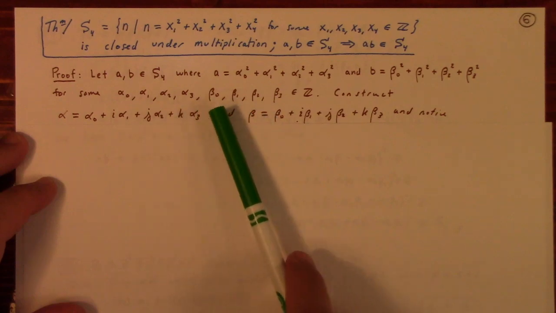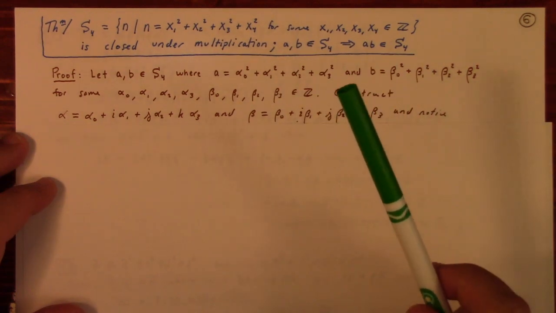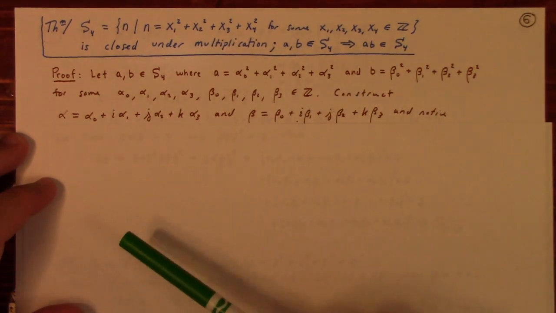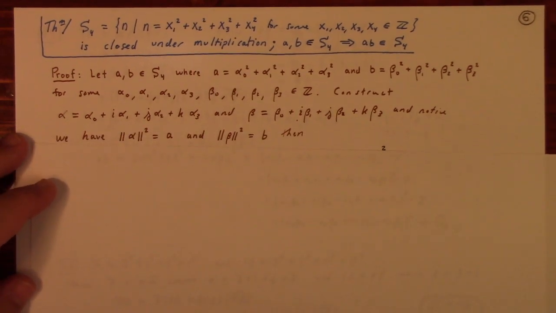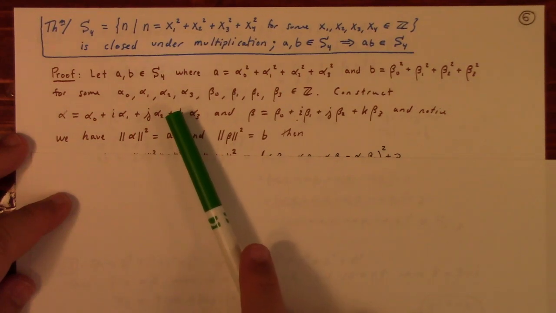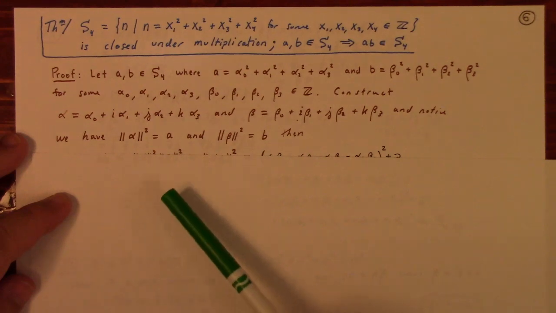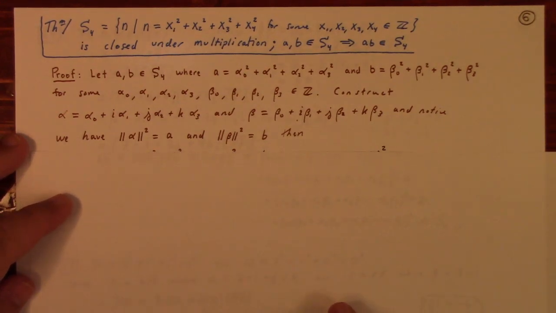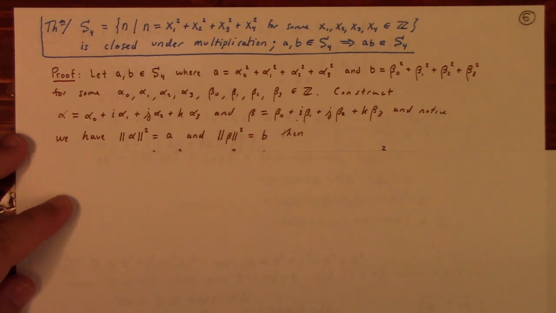Of course, the alpha i's and the beta j's are all integers. And we can construct corresponding quaternions, alpha equal to alpha naught plus i alpha 1 plus j alpha 2 plus k alpha 3, and likewise for beta. And then with respect to that construction, the length of alpha squared is A, and the length of beta squared is B.